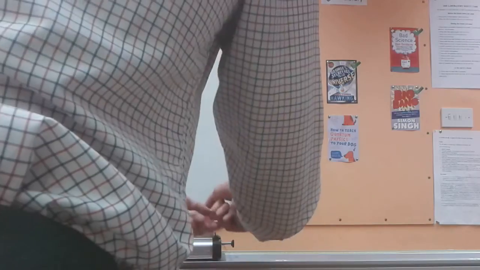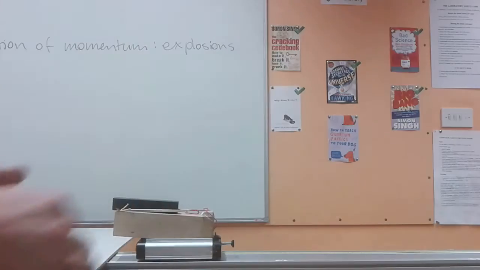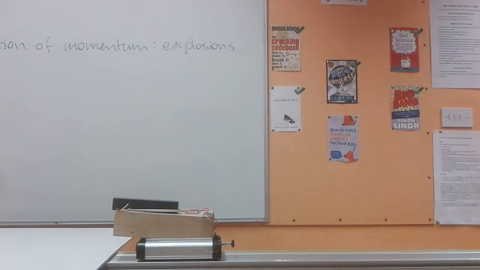So what's going to happen here? Well, get that bit of string out of the way. The gun is going to fire the weight off to the left, and if the weight fires off to the left and nothing else happens, then that looks like momentum is being created, because before this event happens there's currently zero momentum, total momentum before.